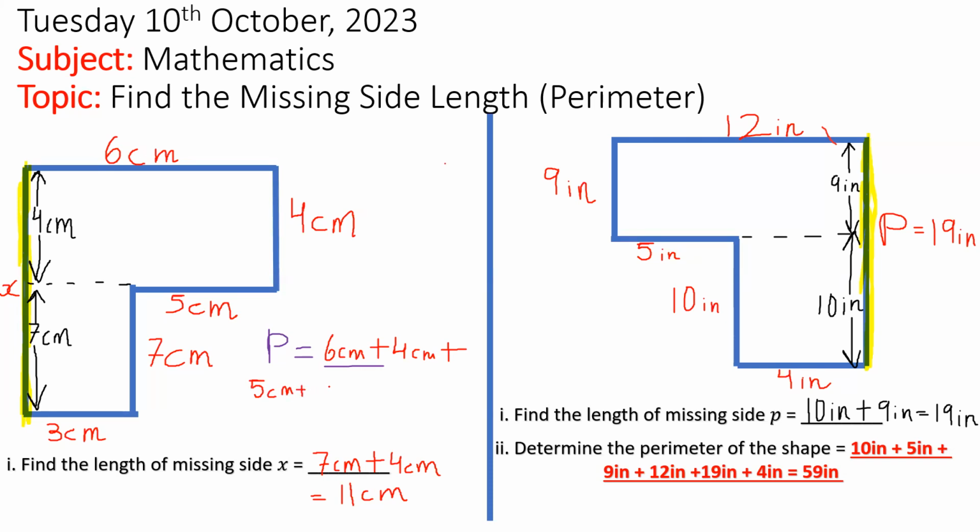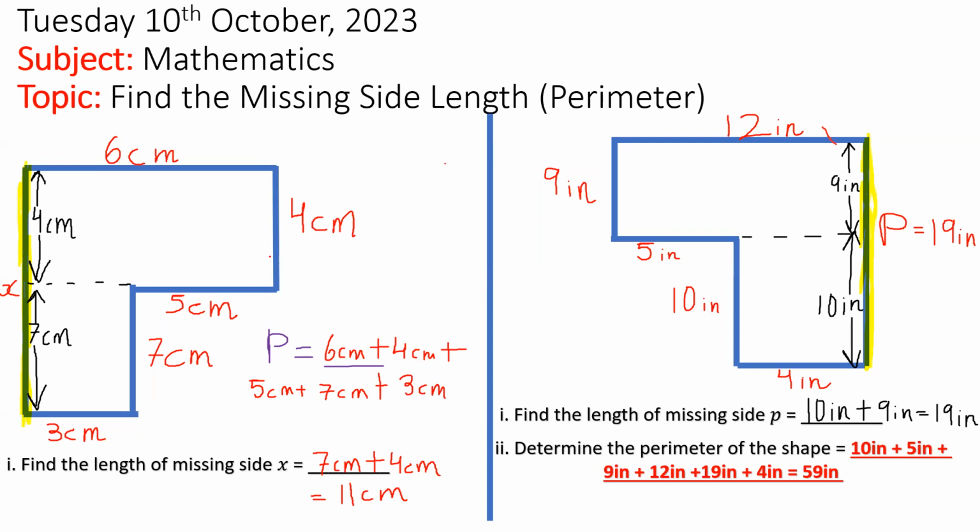Plus 7. What else did y'all add? Plus 3. Very good. Plus 11 plus 3 centimeters. Where did 11 come from?